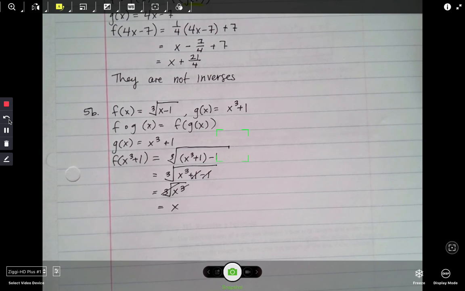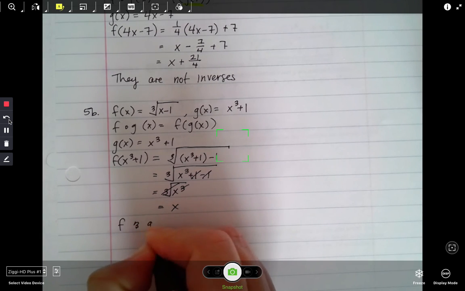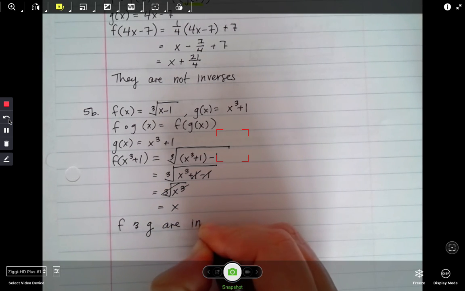And since I am left with x, f and g are inverses.